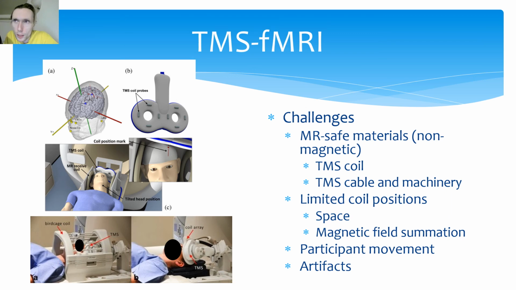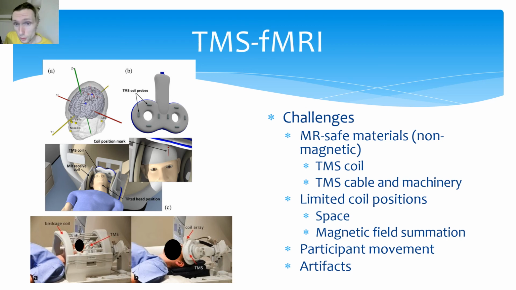They wouldn't fit near an MRI machine, and it's also hard to make them completely non-magnetic. So what you typically have to do is use a very long TMS cable, which is so long that you can use the machinery outside of the MRI room.